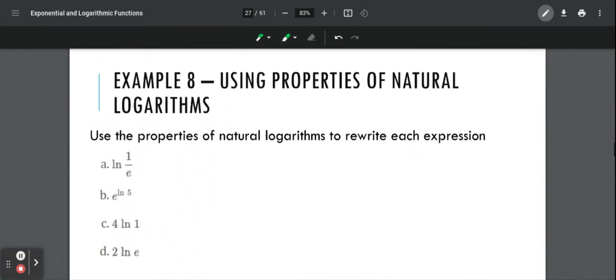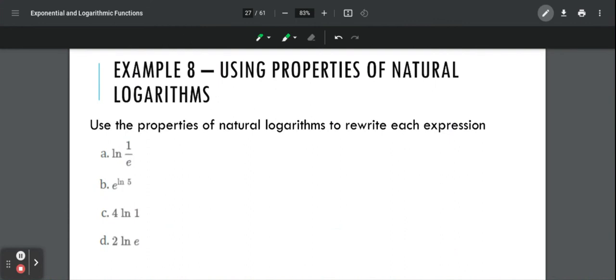So if we use some properties to rewrite, so instead of saying the natural log of 1 over e, we could say the natural log of e to the negative 1. And then to simplify that, remember when we have that base e and the other e, this would actually simplify to just be negative 1, whatever's up in that exponent.